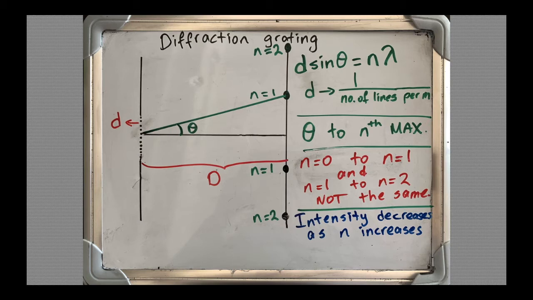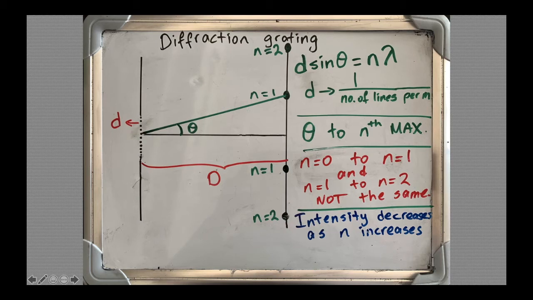We keep this as sine theta, and n is the order of maxima. So the angle we calculate for n equals 1 and the angle we calculate for n equals 2 would work around this formula. Again, the angle here is from the center to the first maximum.